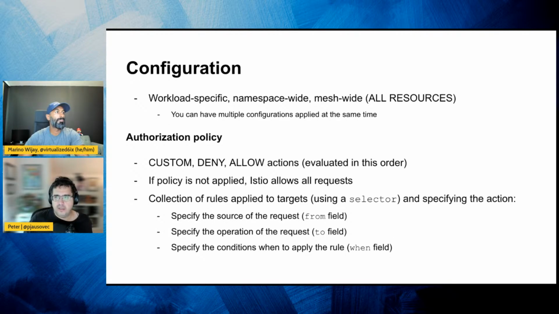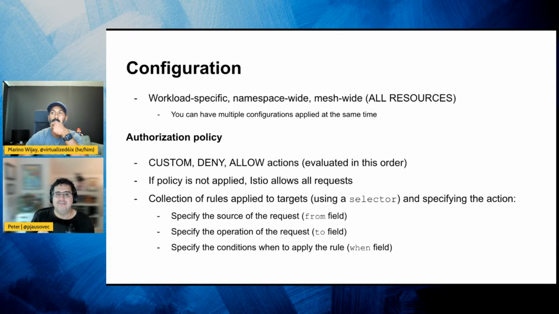All right, let's see if I have more slides. I do, and I think this is the last one. Yes, this is the last one. This is just a quick overview of the configuration. All of the resources, PeerAuthentication, RequestAuthentication, and AuthorizationPolicy can be configured at 3 levels. You can apply those to a specific workload using the selector.